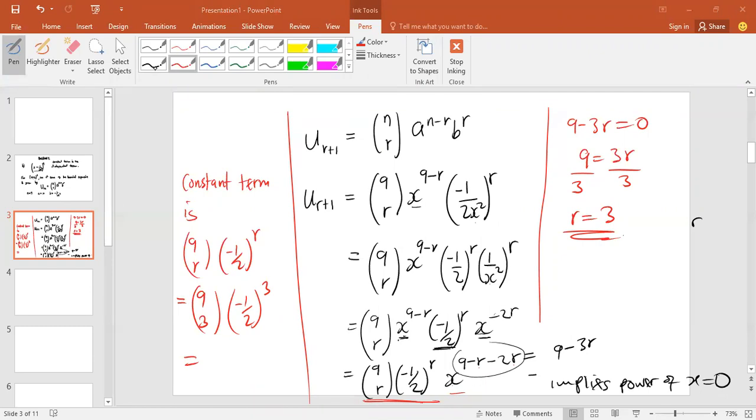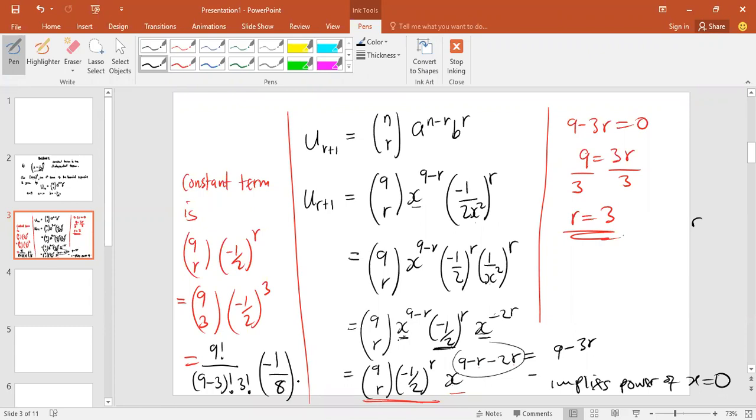So what you do is, since there is no calculator, 9 combination 3 is 9 factorial over 9 minus 3 in brackets, factorial, then 3 factorial. Then times this guy, which is going to be negative 1 over 8.